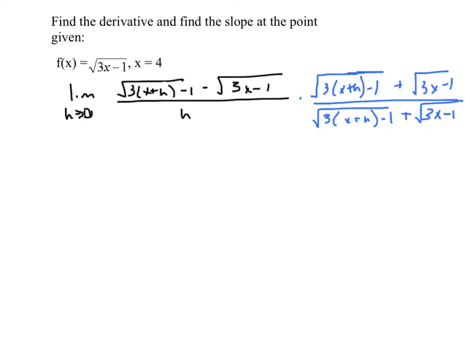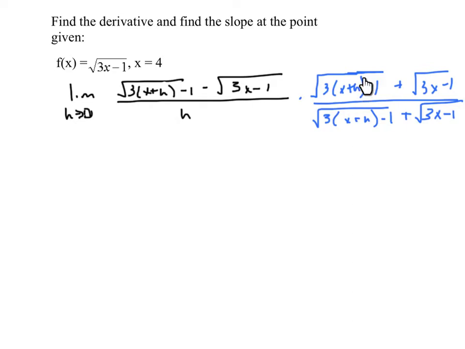Okay, in this example, we're looking at the square root function. So again, I've done f of x plus h minus f of x all over h, limit as h approaches 0. Again, you're just putting x plus h in place of x. To deal with the square root, we're almost always going to multiply by the conjugate.